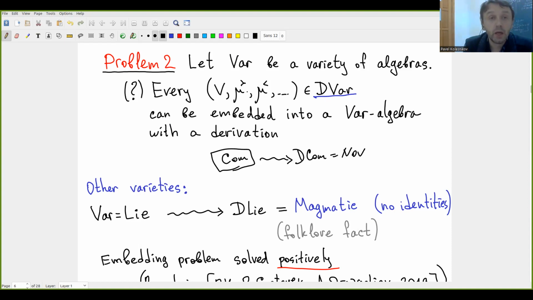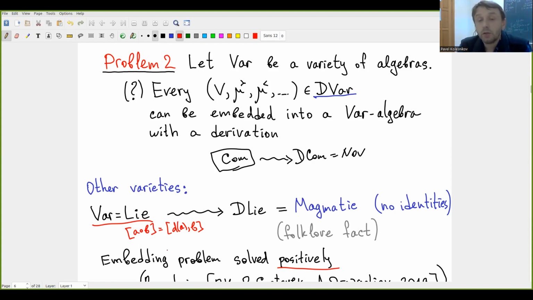But what happens if we choose Lie algebras, for example? Then, of course, because Lie algebras are skew commutative, we can express everything in terms of only one operation, say this one, D A B. It is enough to get only left one or only right one.